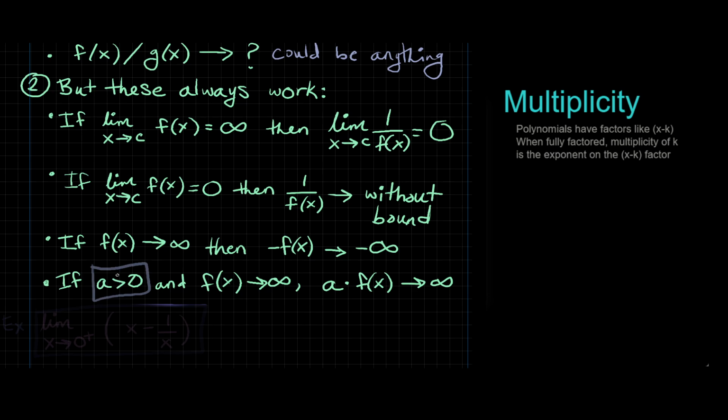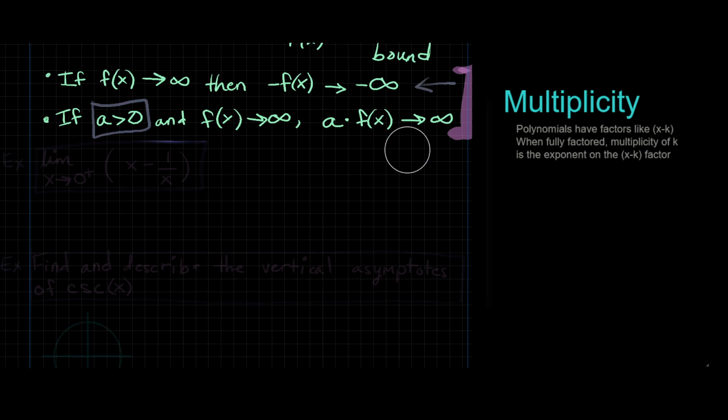It's because if a was negative, we would have to combine it with this fact and say, okay, if a is negative, it's going to then go to negative infinity per this. So with these two facts combined together, we should be able to say something about what would happen if a happened to be negative. Yeah? Let's try a couple of examples.